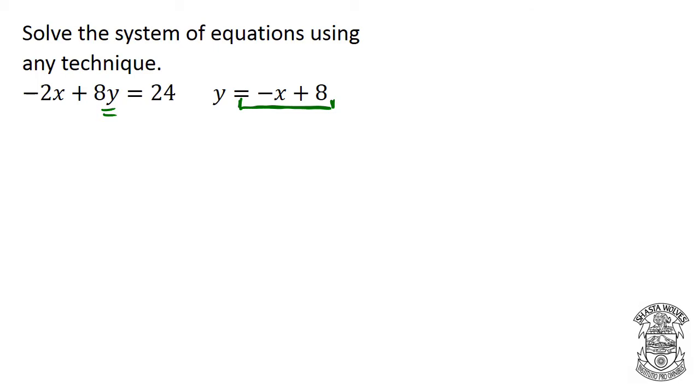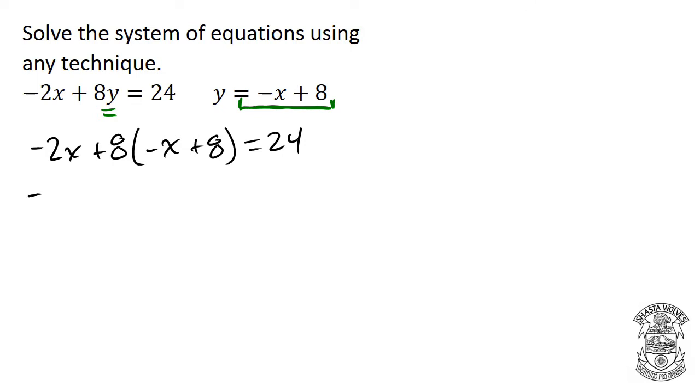So if I rewrite that first equation with this substitution, it becomes negative 2 times x plus 8 times y, with y being negative x plus 8, and that equals the number 24. So that's my substitution. Now it's just a matter of being careful with arithmetic and simplifying the left-hand side.